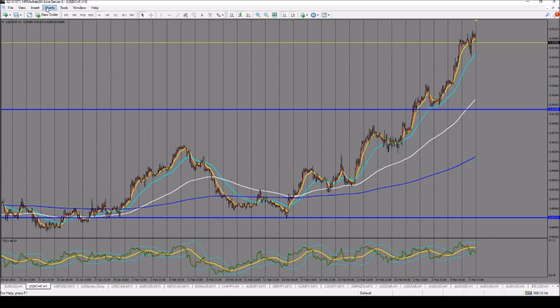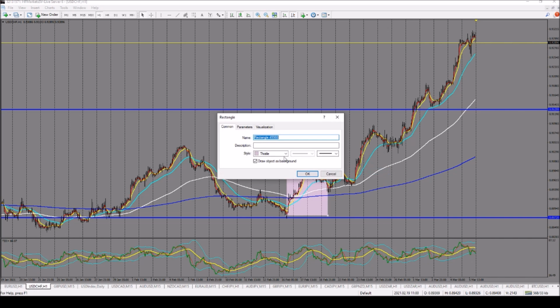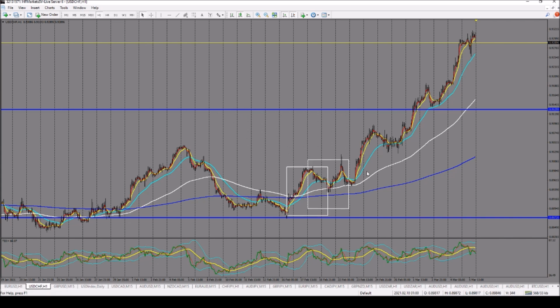From this point we can see the first rise, the second rise, and then the third rise.